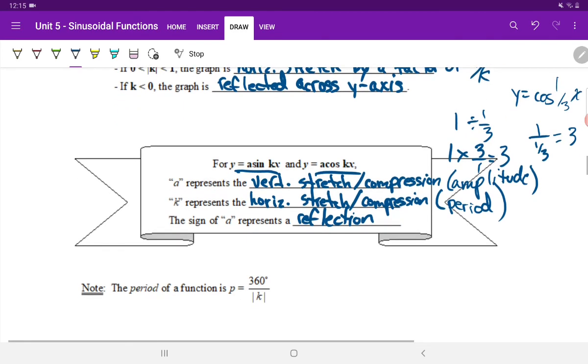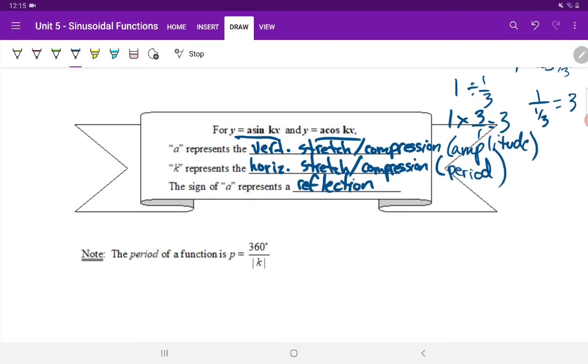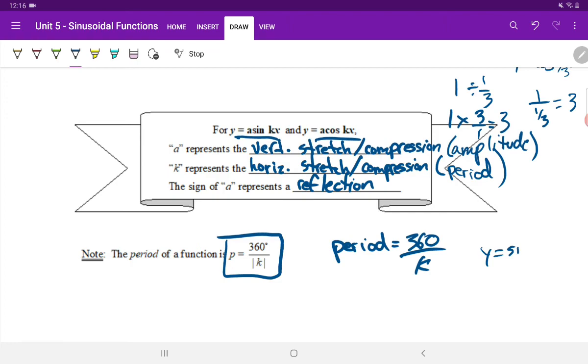All right. So one thing to note before we end this video and move on to part 2: the period can be found using this formula. All you ever need to know is the k value, and you can figure out the period. And that makes sense, because let's think of the example we had, y equals sine of 2 times x. Our k value was 2, and we found out that our period went from 360 to 180 for that graph.